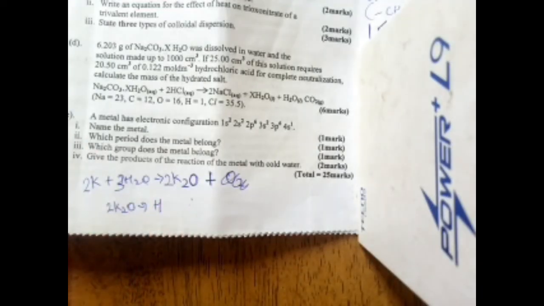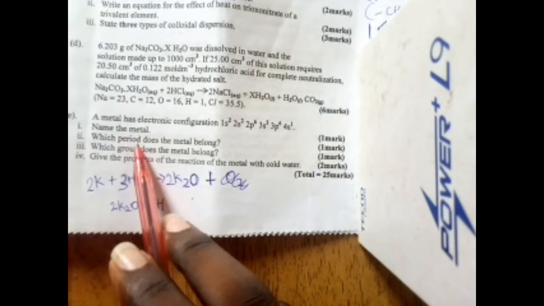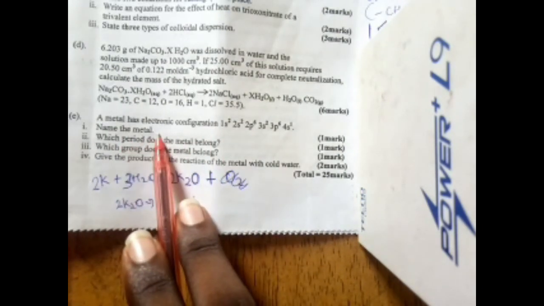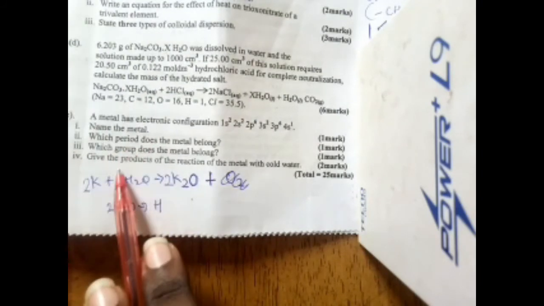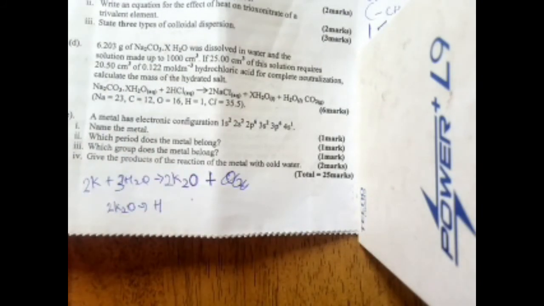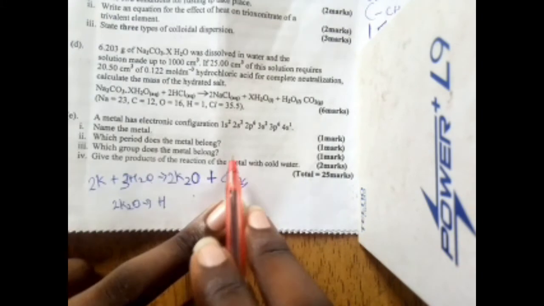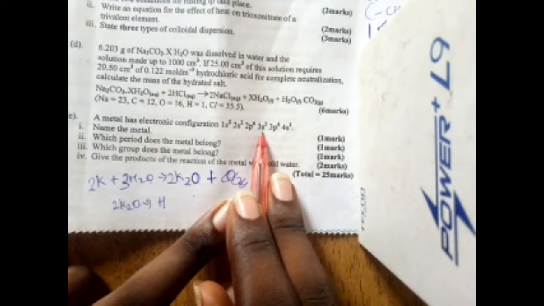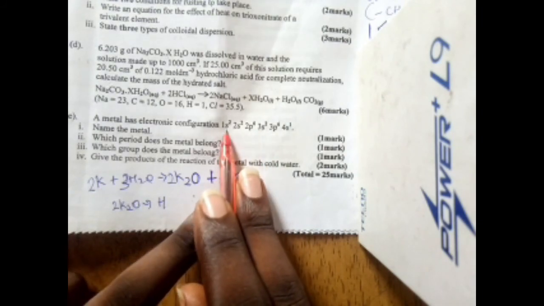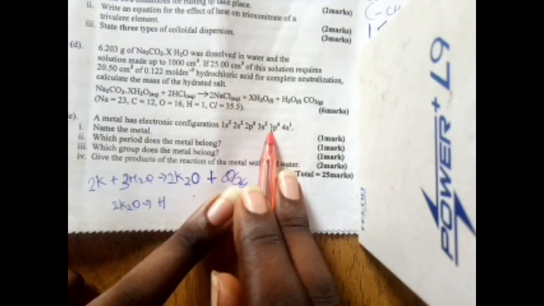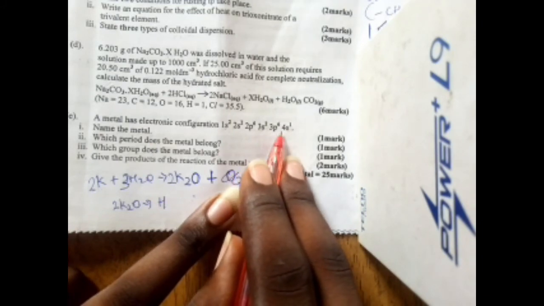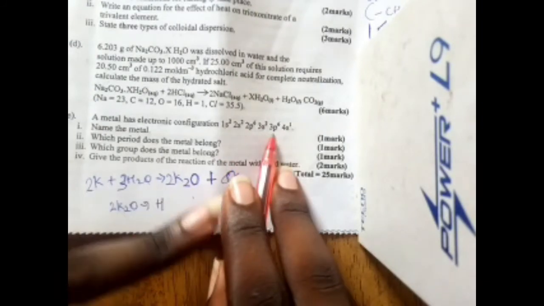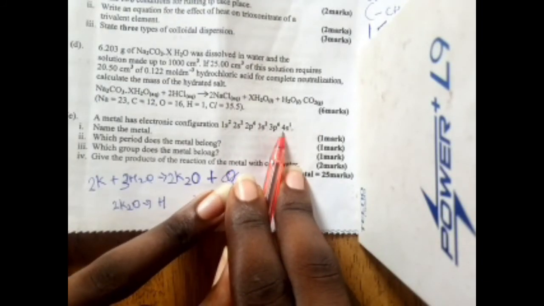Lastly, I have an example here. It's a theory question. It says a metal has this electronic configuration. Name the metal, the period and the group, and also give the product of the reaction with cold water. So we have 1, 2, 3, 4; the highest energy level is 4.